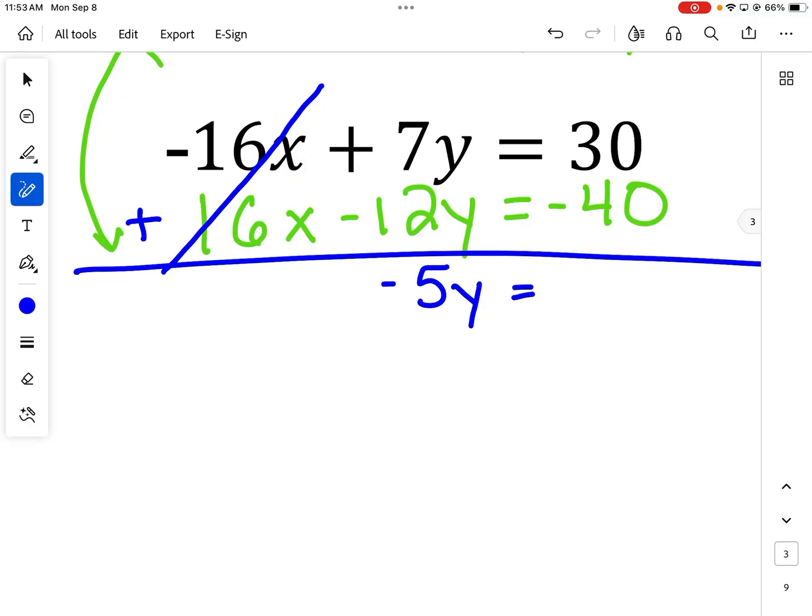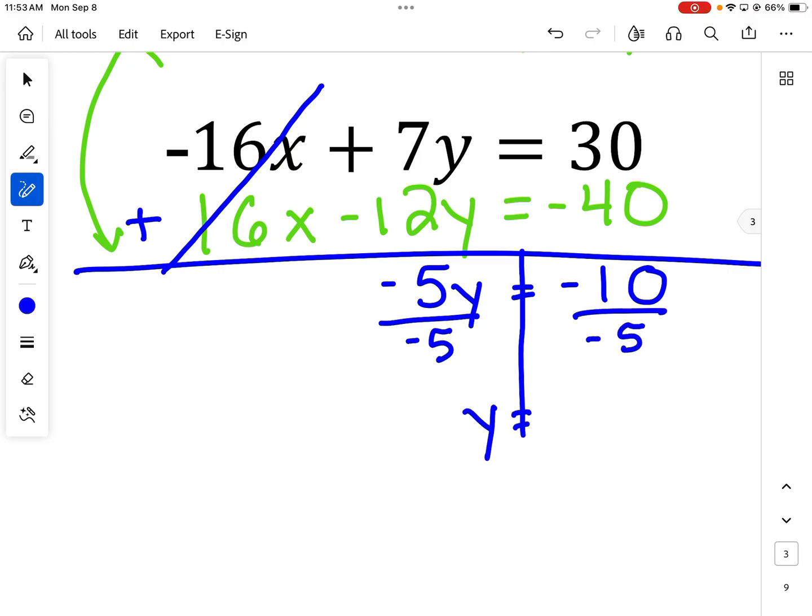It's negative 5y. And then 30 minus 40. Negative 10. And then solve this by dividing. Put your line down your equal sign. Y equals 2.